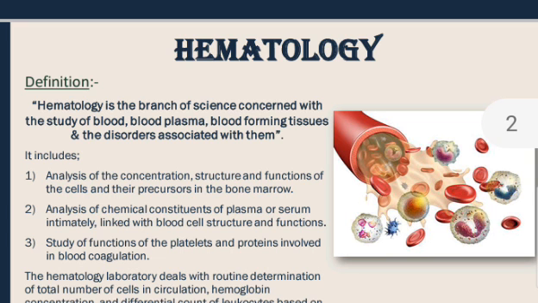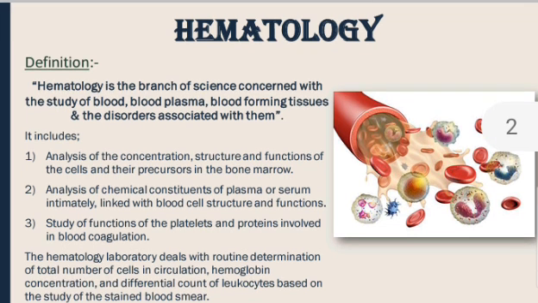It includes analysis of chemical constituents of plasma or serum intimately linked with blood cell structure and functions. The hematology laboratory deals with routine determination of total number of cells in circulation, hemoglobin concentration and differential count of leukocytes based on the study of the stained blood smear.